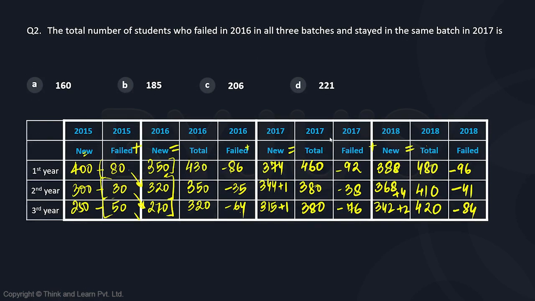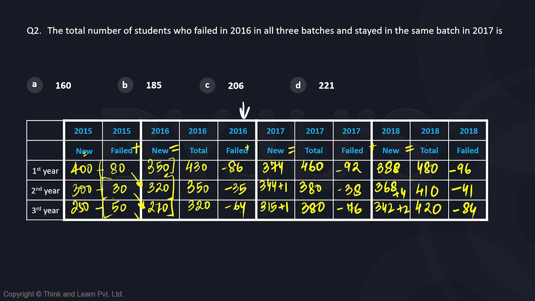Question number 2. The total number of students who failed in 2016 in all the 3 batches and stayed in the same batch in 2017 is. So the total number of students who failed in 2016 in all the 3 batches is going to be this particular column.